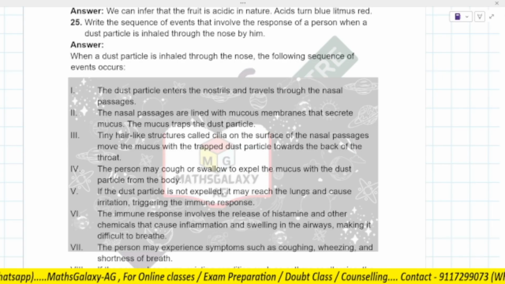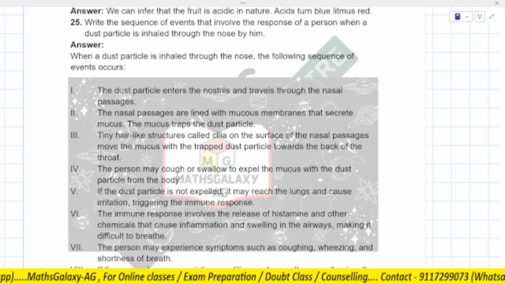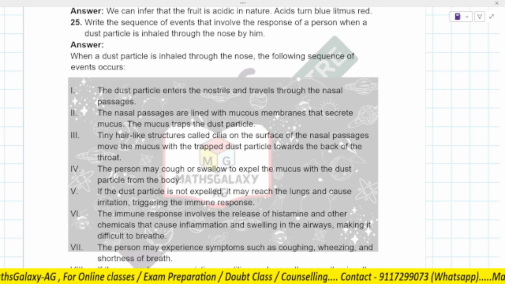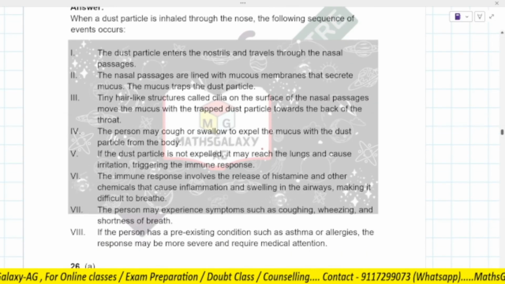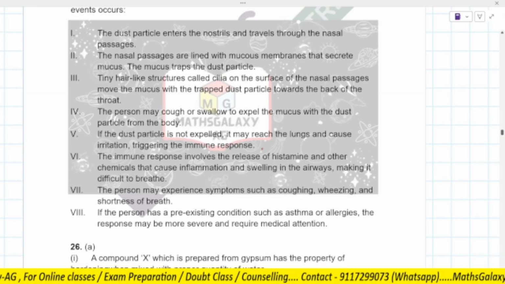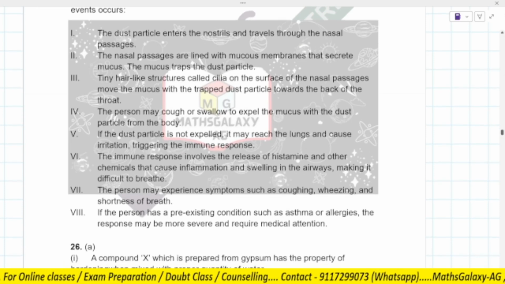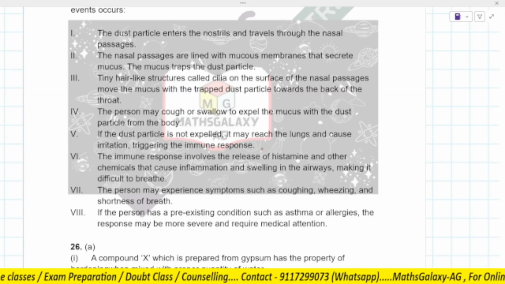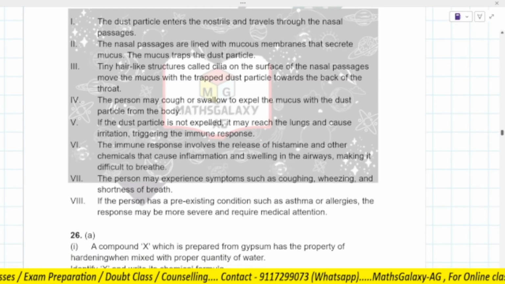If the dust particle is not expelled, it may reach the lungs and cause irritation, right? Triggering the immune response. The immune response involves the release of histamine and other chemicals that cause inflammation and swelling in the airways, right? Making it difficult to breathe.